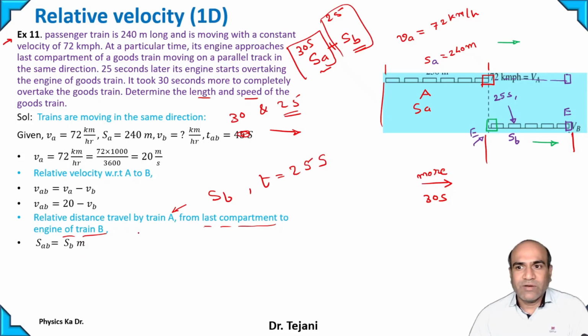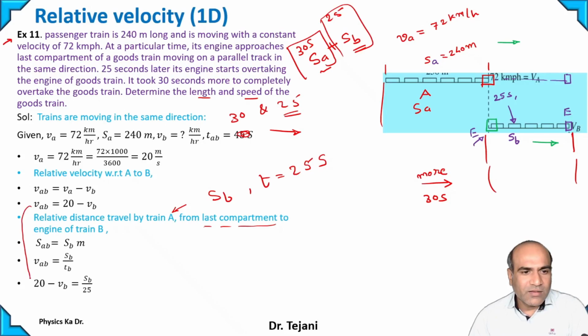During the first travel, that traveling is SB. So we can put velocity is equal to distance divided by time. We don't have distance, we have velocity. So put this here, time we have 25 seconds, and just put this as equation number 1.